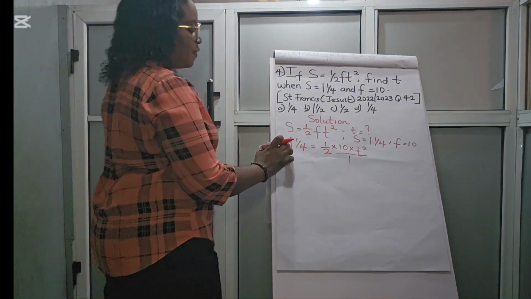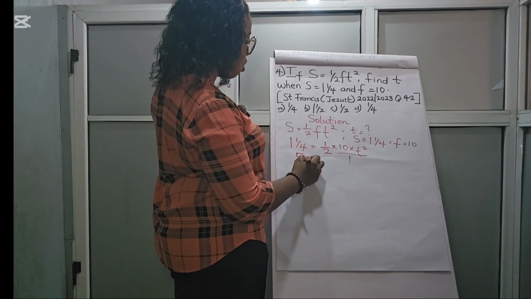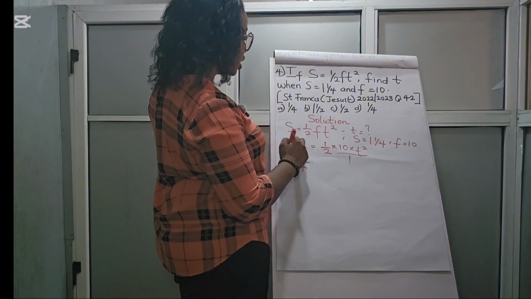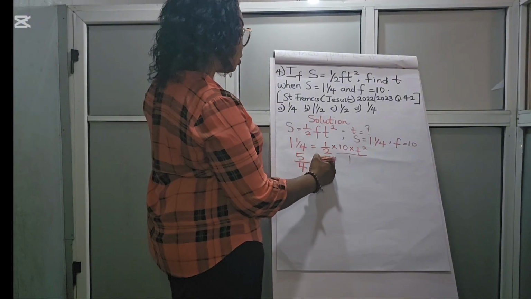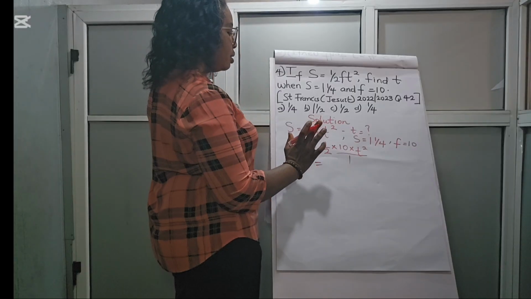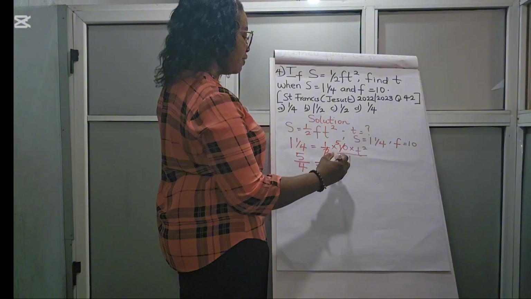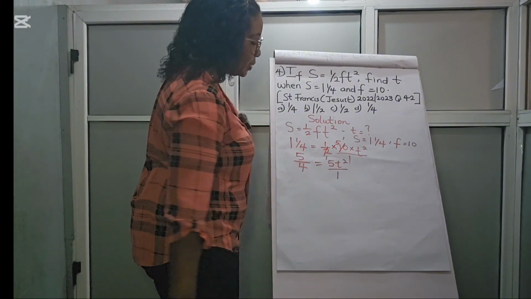So let's convert this to improper fraction. We're going to be having 5 over 4. 4 times 1 is 4 plus 1, 5. 5 over 4 equal to, looking at this, 2 can divide here and 2 can divide 10 to give us 5, equal to 5t squared all over 1.